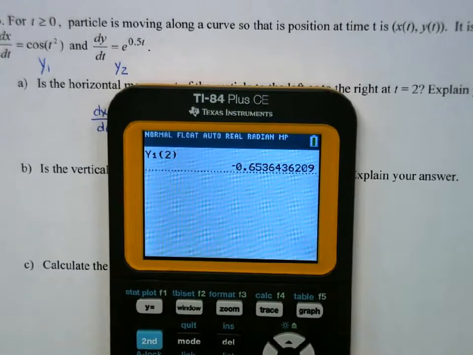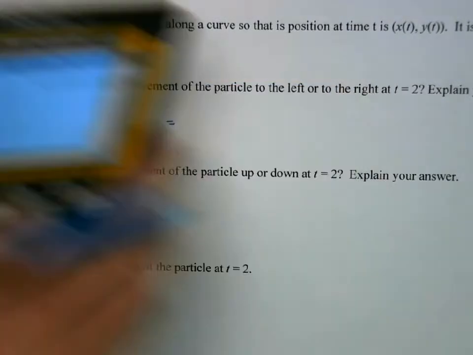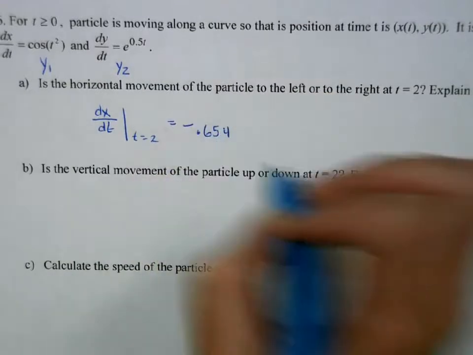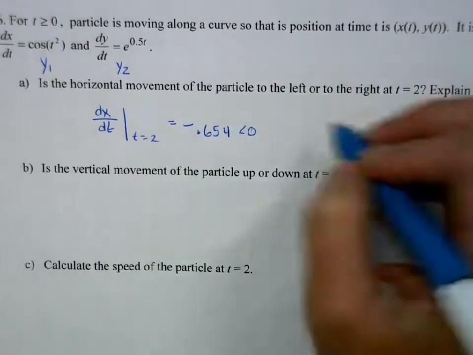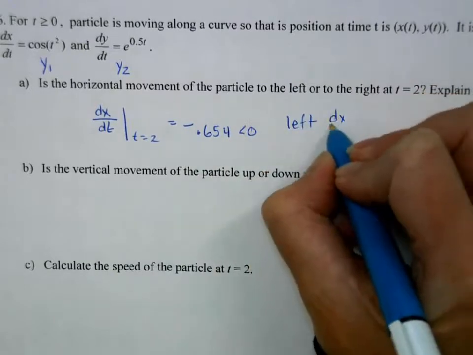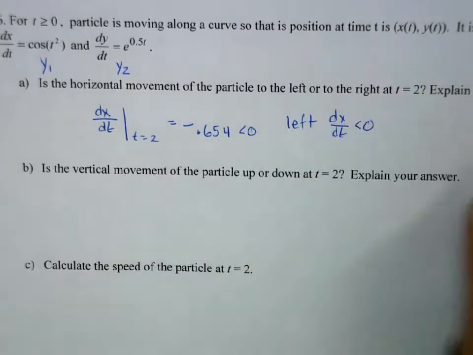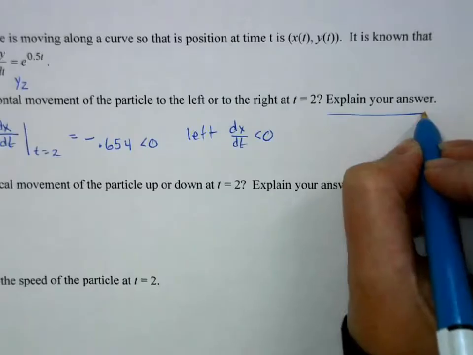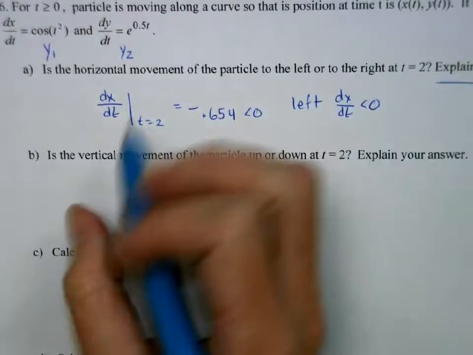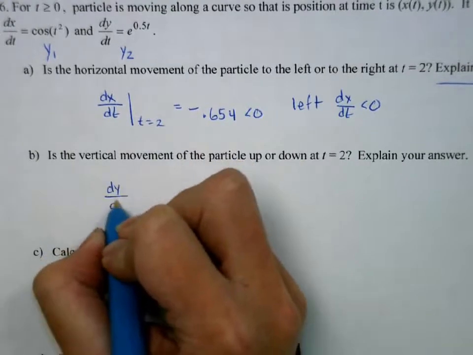So we get a negative 0.654, which is less than 0. So it's going to be moving to the left because dx dt is less than 0. Whenever you're asked to explain, you're going to get a point for that, so make sure not to forget that part.